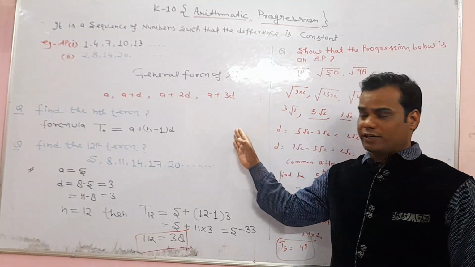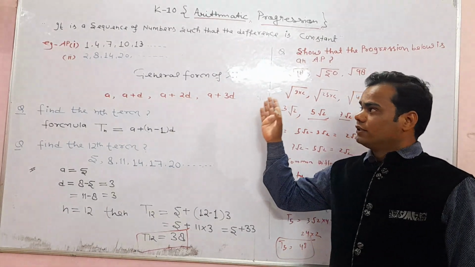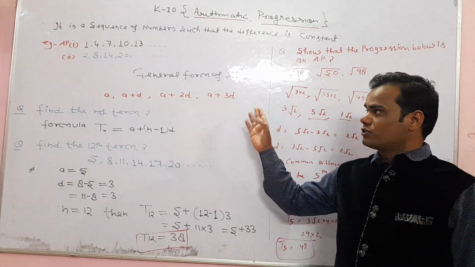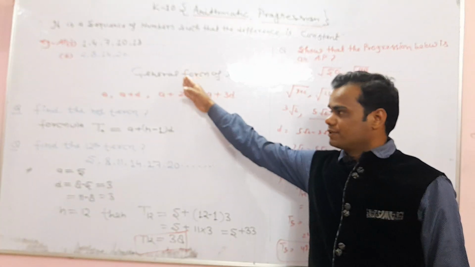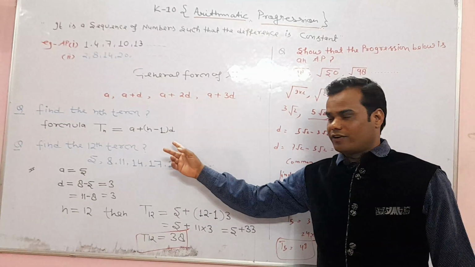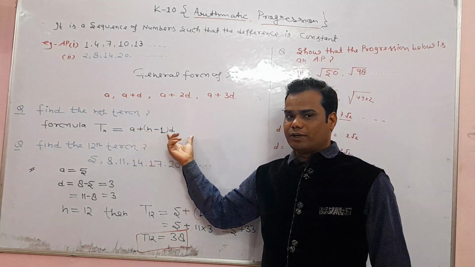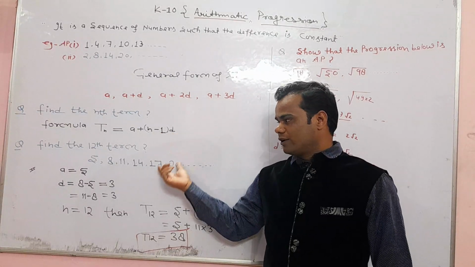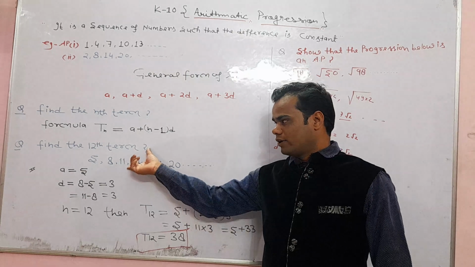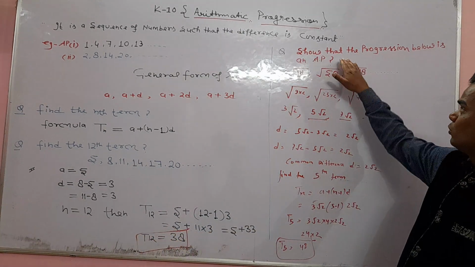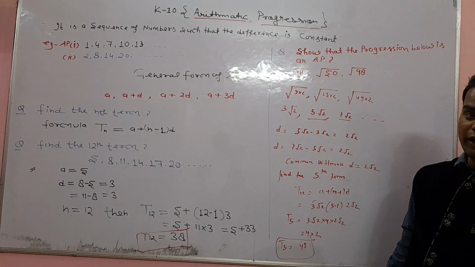So as we know, first, what is arithmetic progression? Arithmetic progression is a sequence where the difference between two consecutive terms is constant, the same. For the examples, these. And second is the formula for the nth term: Tn equals a plus n minus 1 into d. How to use this formula in questions? You can solve this type of question. And the second type of question is showing that the progression below is an AP.